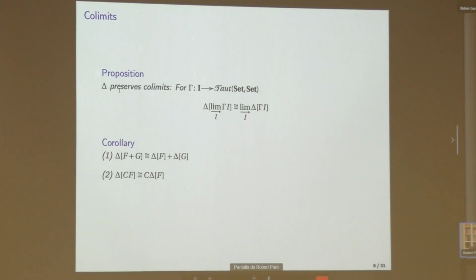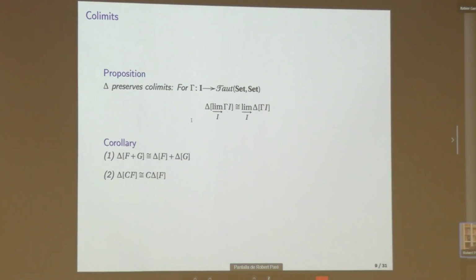But in any case, delta preserves these colimits, and so this is a generalization of the addition formula for delta. So delta of f plus g is delta f plus delta g, and it also generalizes delta of a constant times f, because the constant times f is the coproduct of copies of f.